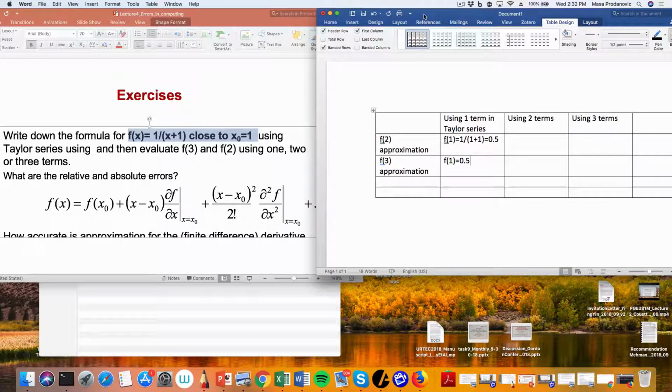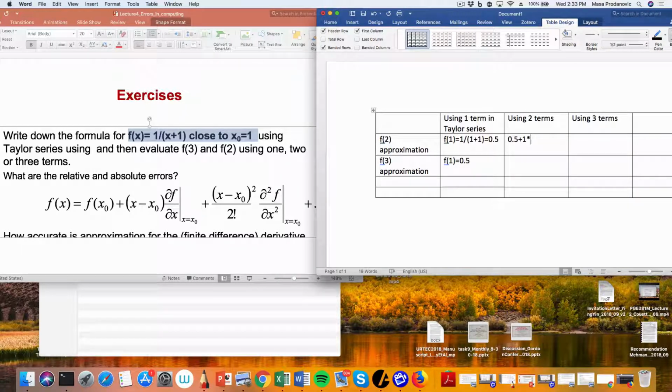So did anybody get f of 2 using 2 terms? It's obviously this term, which is 0.5, plus 2 minus 1, so that's 1, times f prime of 1.